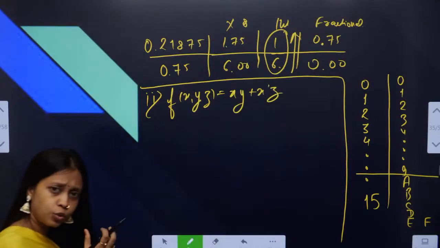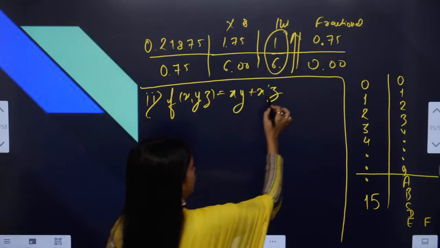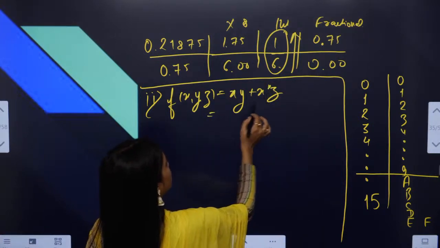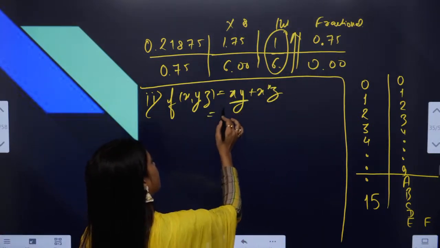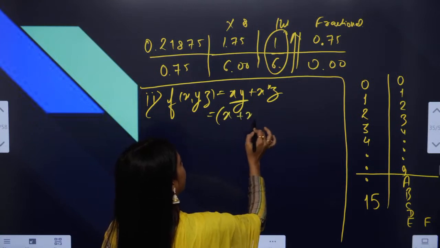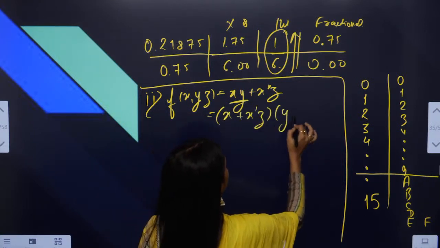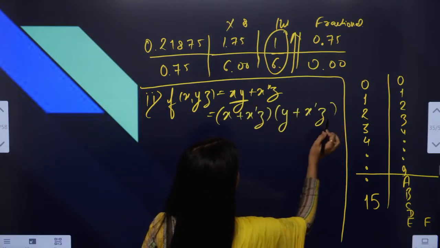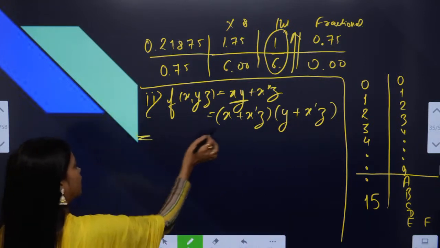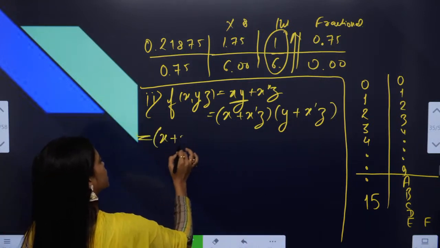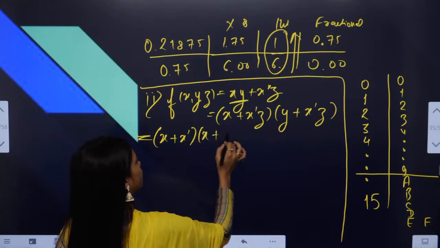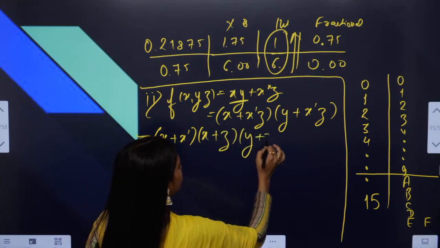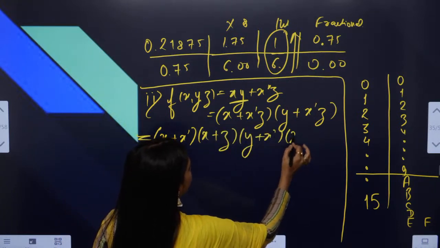It is very simple to separate these. First, let us separate this. So it becomes (x plus x dash z)(y plus x dash z). Same kind of thing you can do for the x dash z also. So it becomes (x plus x dash)(x plus z)(y plus x dash)(y plus z).